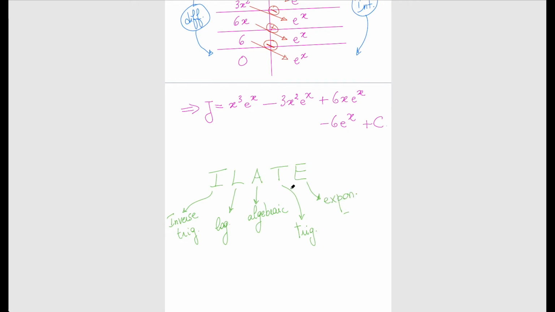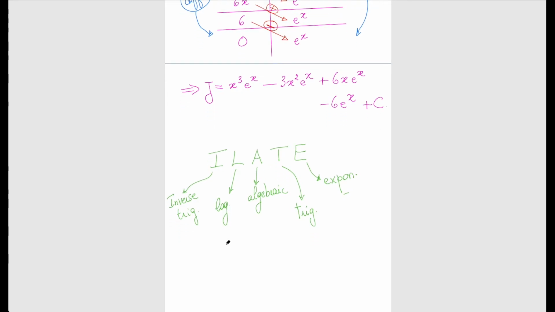Why is this useful? Whenever you are integrating a product of two functions, you characterize the class of each one of them. Let's say you are integrating an algebraic expression, like in the case above, it was x cubed, and e^x dx. So this would be algebraic, of class A, and this would be of class E, which is exponential.